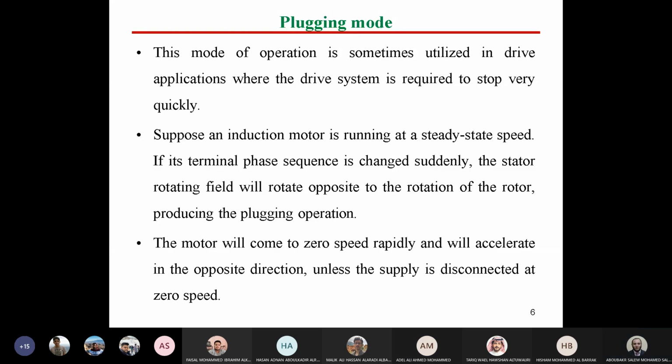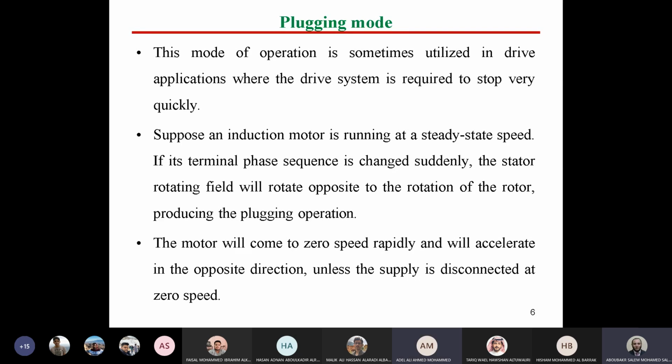Well, if you are driving your electric car and suddenly you find an object in front of your car, what will you do? Are you going to stop the car by turning off the car, or do you have to use your brake? The brake system.